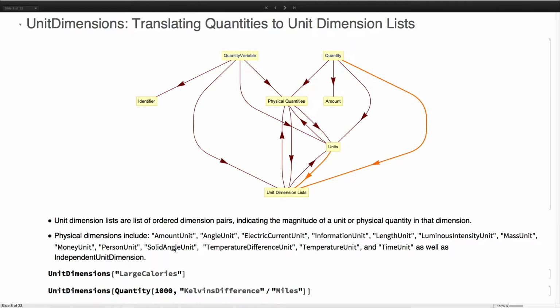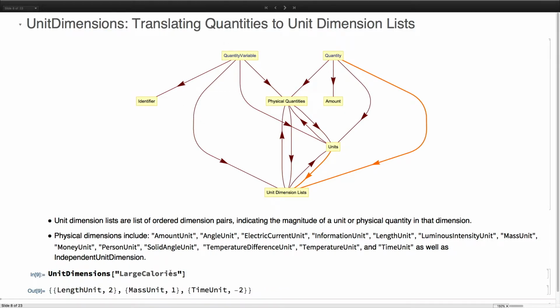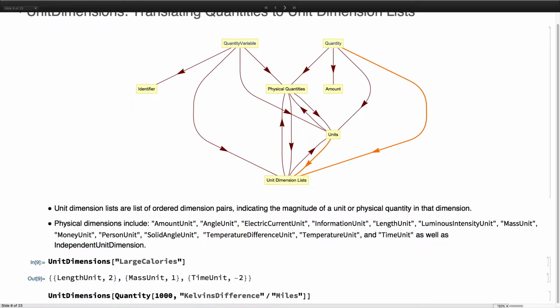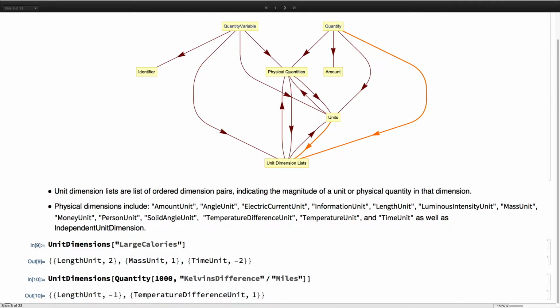So calories, for instance, has dimensions of length, mass, and time because it's energy. It has length squared, mass to the first power, time to the -2. And more straightforwardly, perhaps, Kelvin's difference over miles has unit dimensions of -1 length units and 1 temperature difference unit.